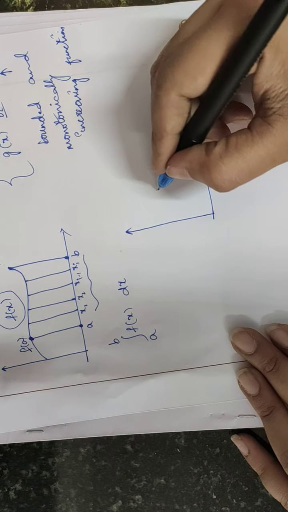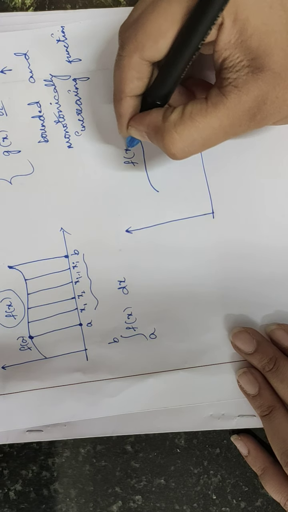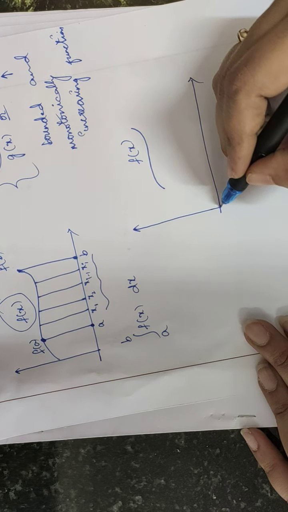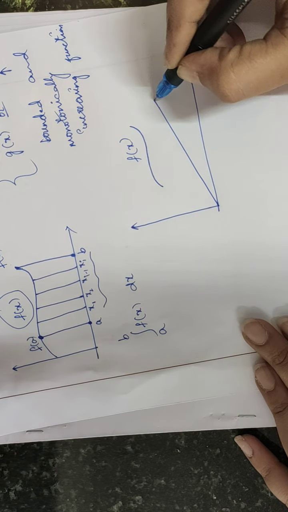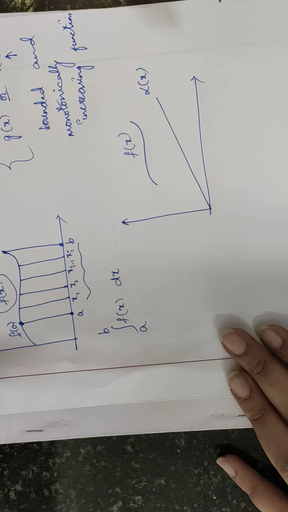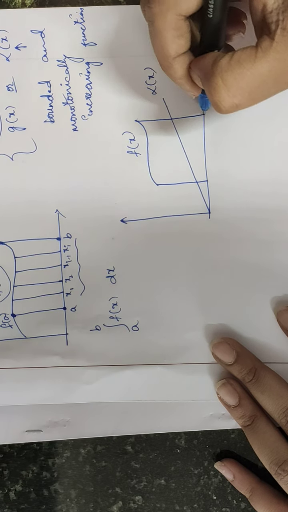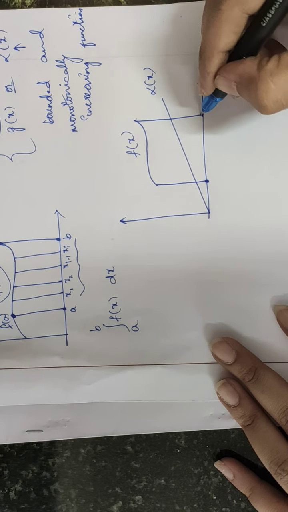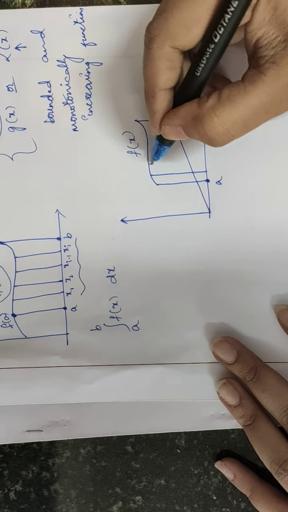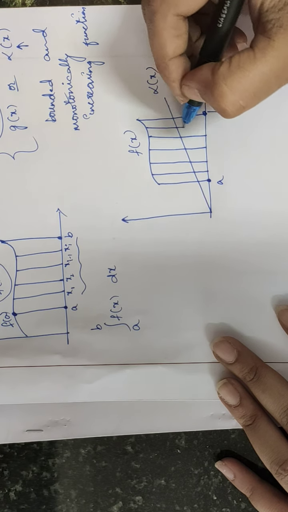So if I draw the graph, if this is some function, say f of x, I will be having one more function, say alpha x, which is monotonically increasing function. Okay, let us consider this is my interval. In general it is a to b. We will divide the interval into number of sub-intervals, right?